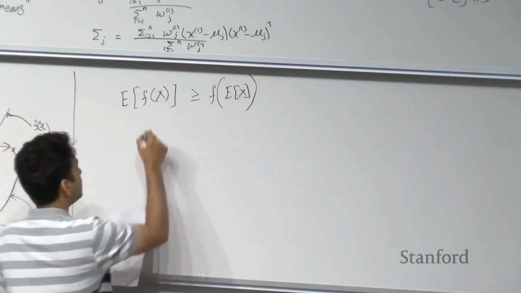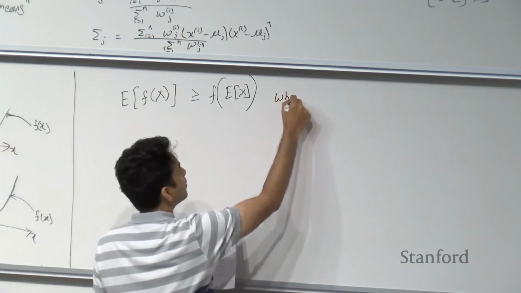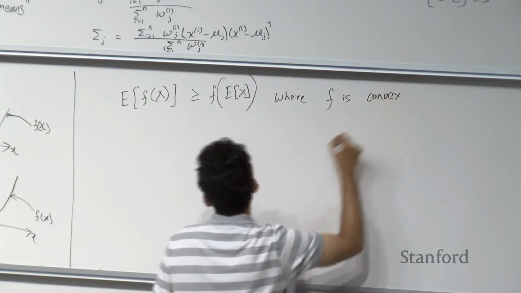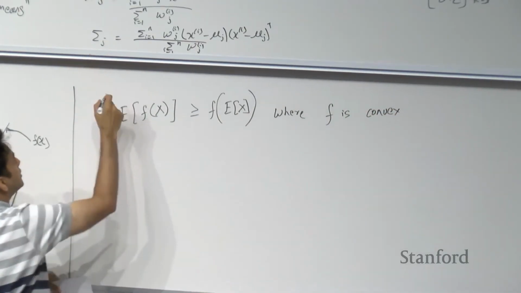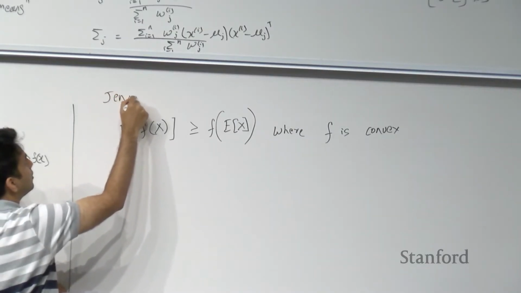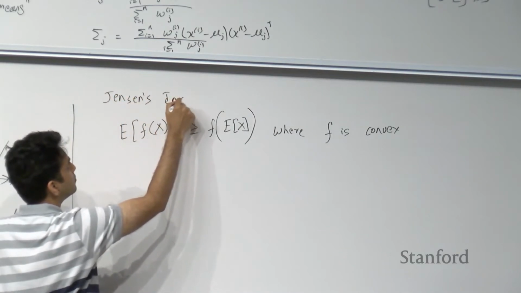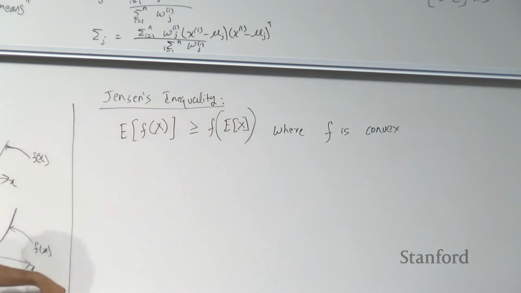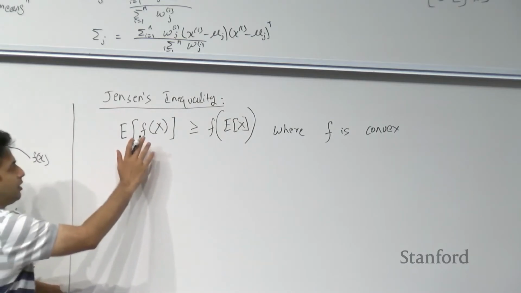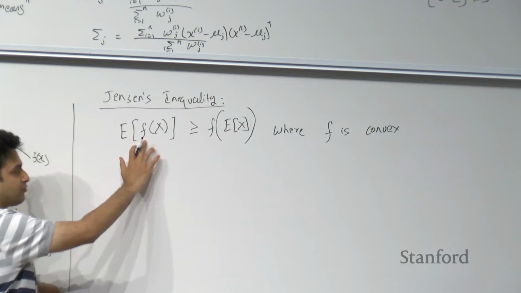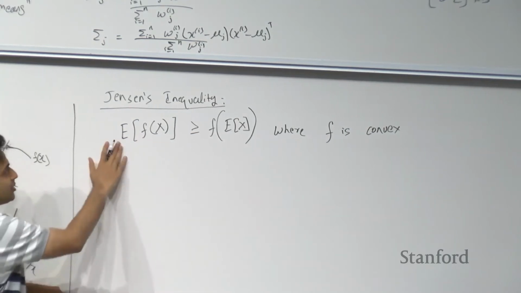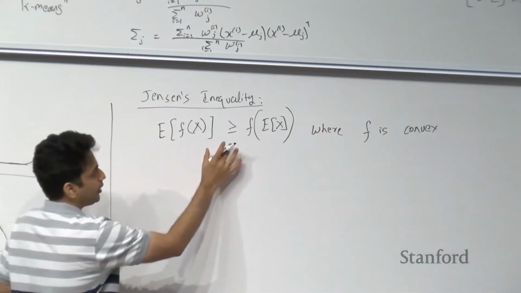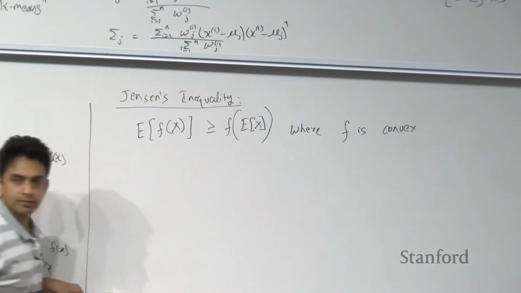So the expectation of f of x, where f is a convex function and x is a random variable, and the expectation is taken with respect to the randomness in x, will always be greater than or equal to f of the expectation of x.